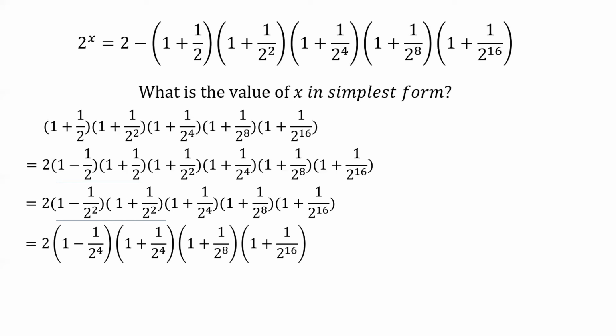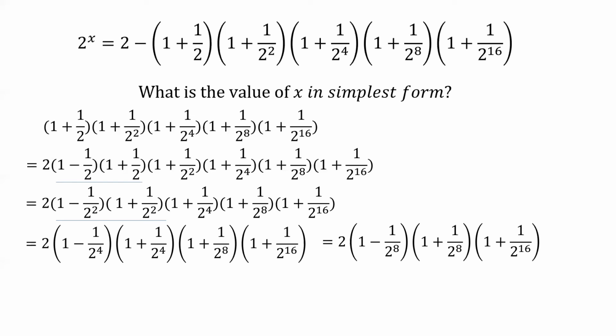So 1 minus 1 by 2 to the power 4 multiplied by 1 plus 1 by 2 to the power 4 together becomes 1 minus 1 by 2 to the power 8. And now we have 2 multiplied by 1 minus 1 by 2 to the power 8, into 1 plus 1 by 2 to the power 8, multiplied by 1 plus 1 by 2 to the power 16.